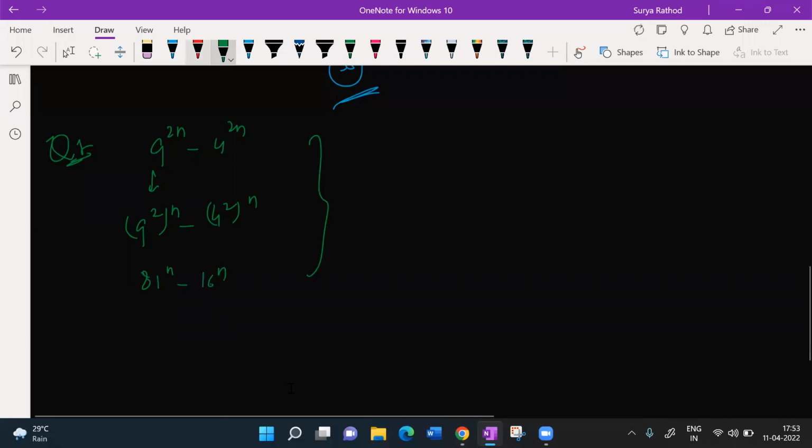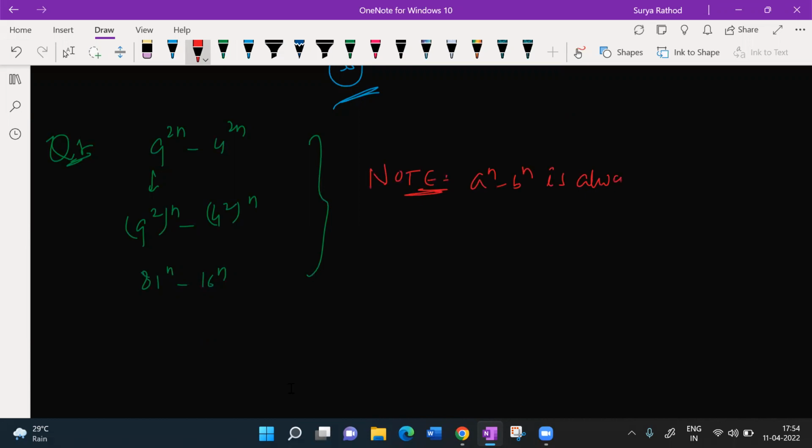So we have one beautiful note actually. If you have a to the power of n minus b to the power of n, it is always divisible by a minus b. Everyone take this note.